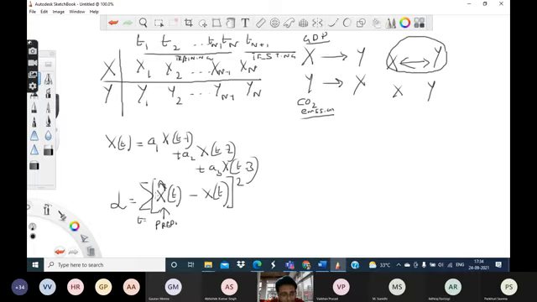So basically from t equal to n plus 1 to, say, n plus capital T is the testing period. In this period I calculate this difference between predicted and observed, and I measure the error. Now how do we find these parameters a1, a2, a3, etc.? That is done during the training phase.